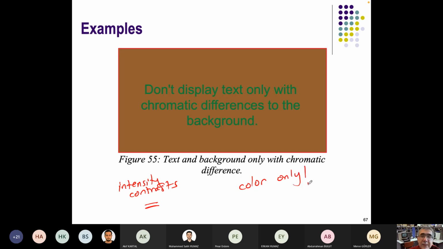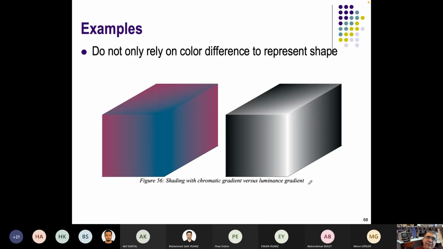So color only is not actually sufficient, and it's very tiring for your eyes and difficult to comprehend. So when we only rely on color for representing the shapes, we will have problems.